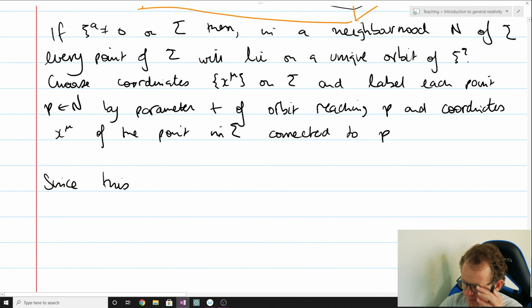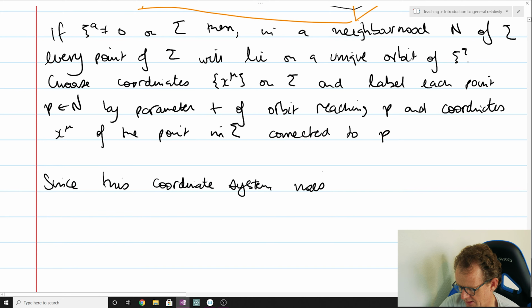But we can infer slightly more, because this coordinate system isn't generated by just any old vector field. It's generated by a killing vector field, which means it's generated by an isometry.